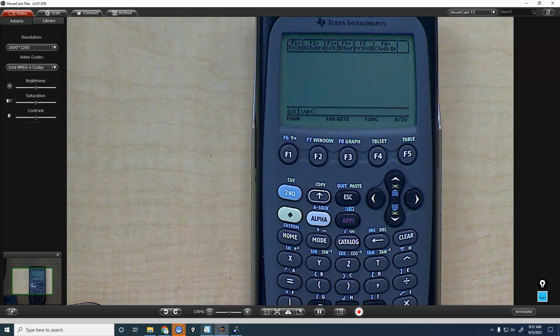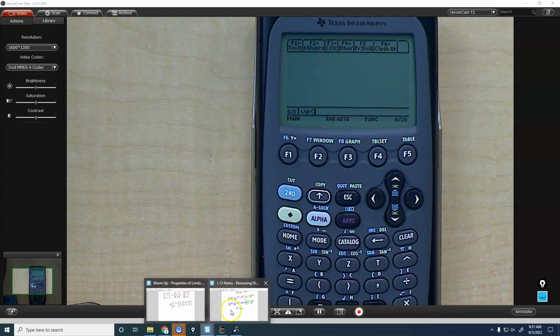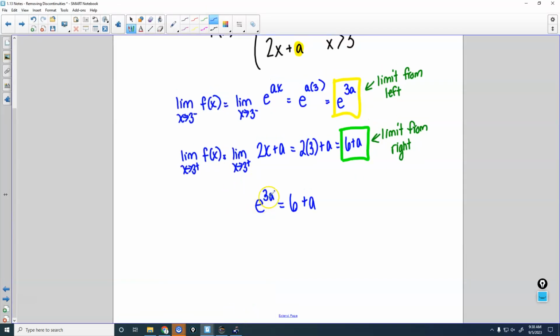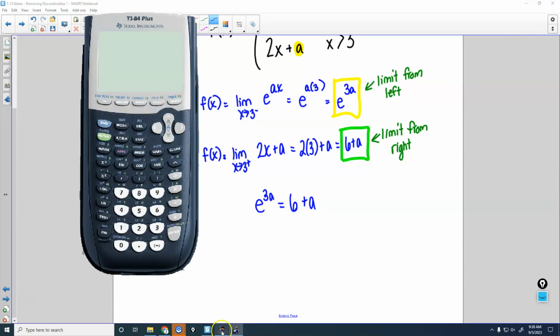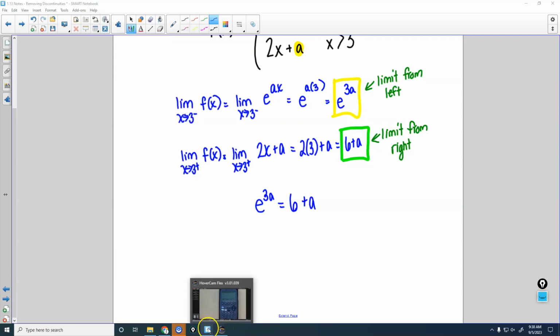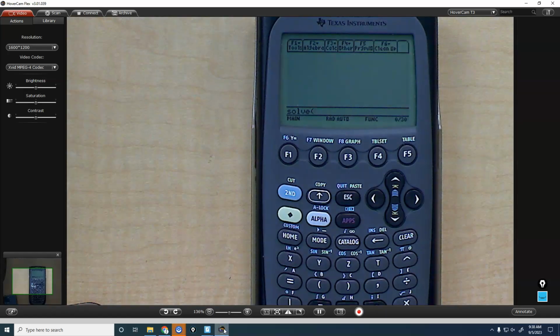You can use an A for this if you want. This has an alpha button, so you can type in an A if you'd like. I'm just going to use an X because it's easier to type in. So I'm going to say e to the 3x equals 6 plus x.